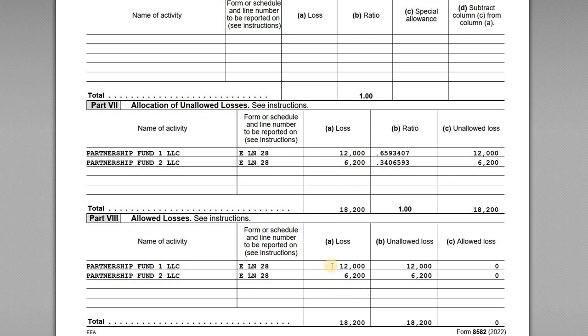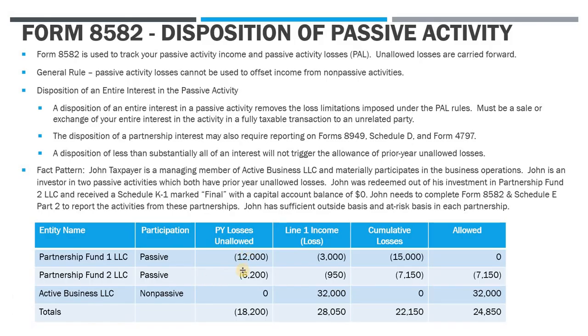The total losses are $12,000 and $6,200 for these 2. And the amount that was allowed in 2022 is 0. And so the unallowed loss that's being carried forward to next year is $12,000 and then $6,200 for Partnership Fund 2. So that's our prior year losses unallowed going into 2023.